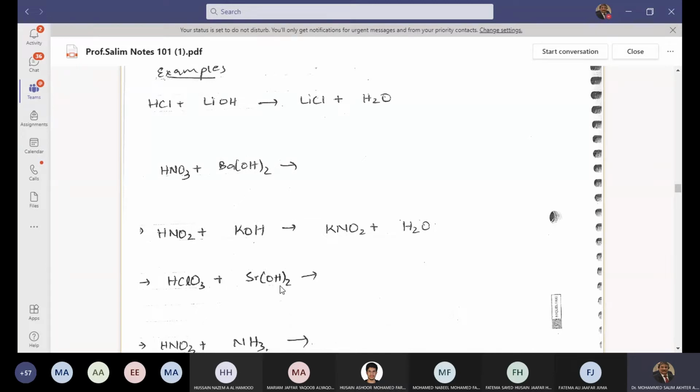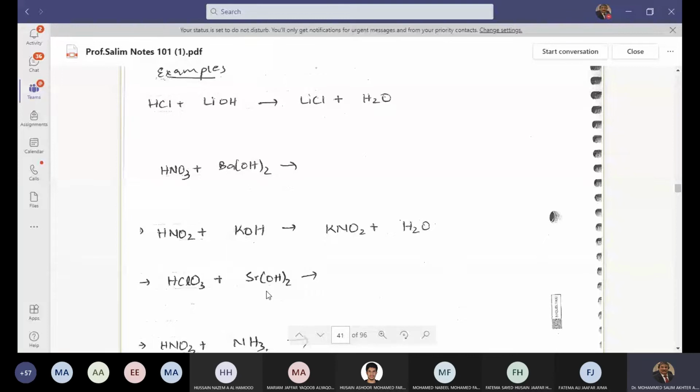HClO3, is it a strong acid or a weak acid? I have given you the list of strong acids. Is this name there in the list? Weak acid. Weak acid plus strong base.